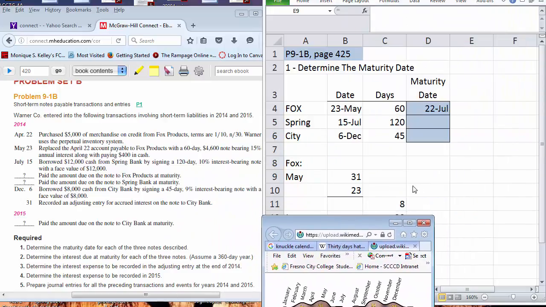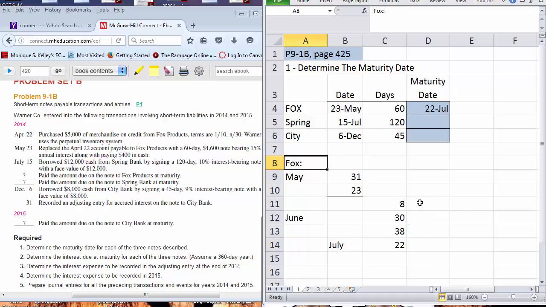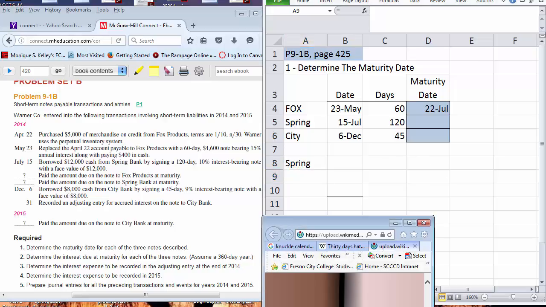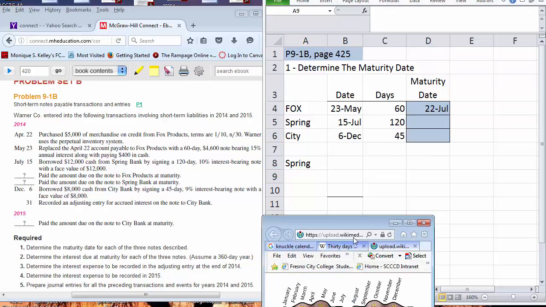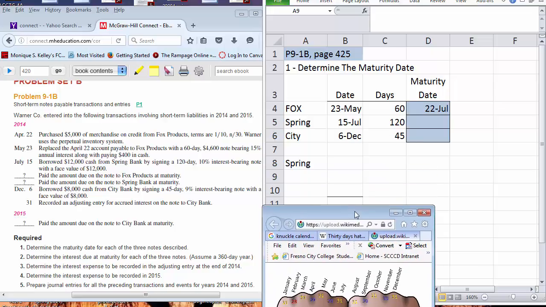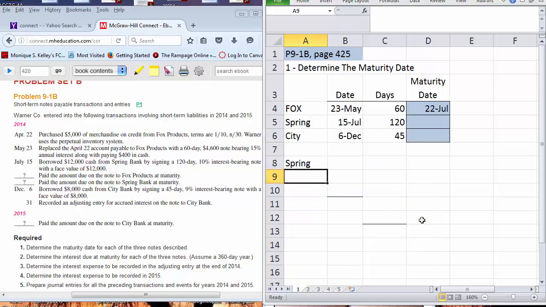So let's go ahead and put the information for Spring here. The date we start off with was July 15th. And again, for our little diagram, July has 31 days, so we're going to go with the 31.